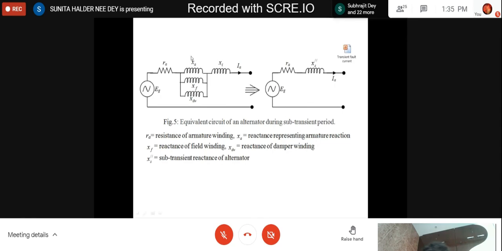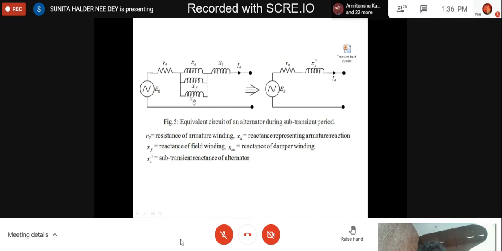The equivalent circuit we can assume is that the field winding reactance and damper winding reactance are working in opposition to the armature reaction flux. That means these three are in parallel. Why parallel? Because these two, the field winding reactance and damper winding reactance, are opposing the armature reaction.